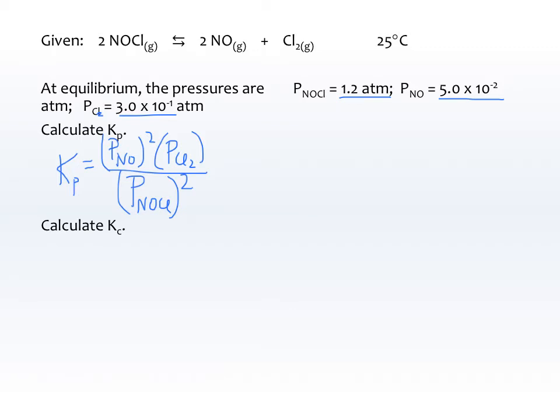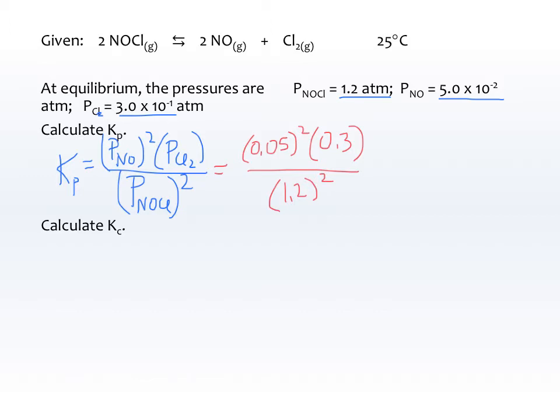Then I'm going to plug in the numbers I'm given. The pressure of NO was 0.05, and that was squared. The pressure of Cl2 was 0.3, and the pressure of NOCl was 1.2, and that one was also squared.